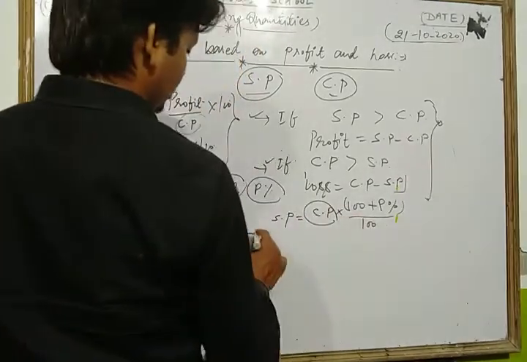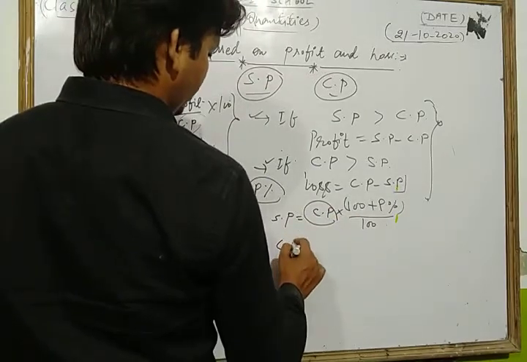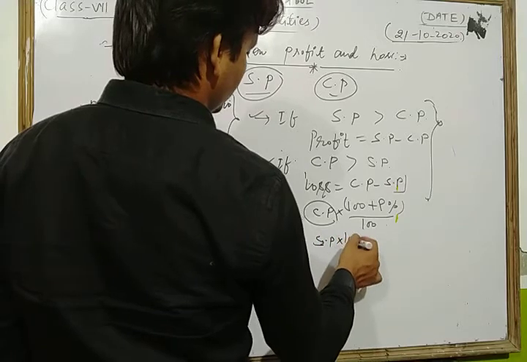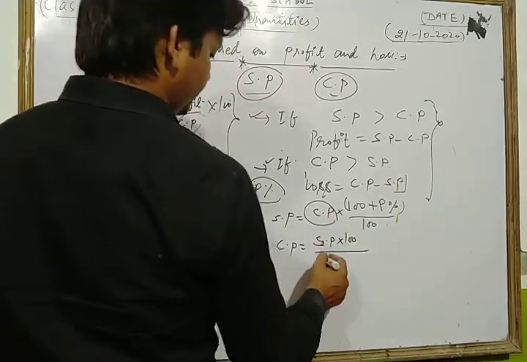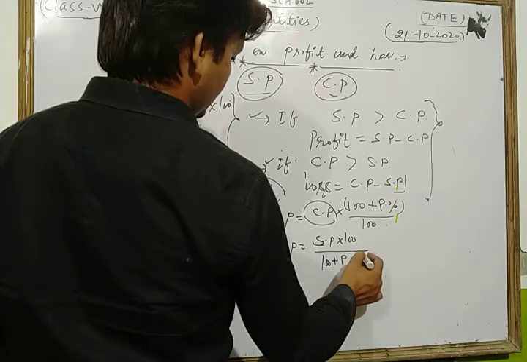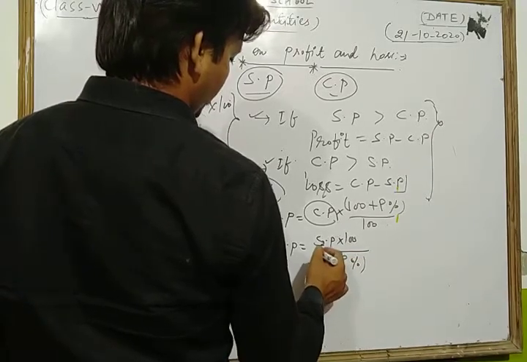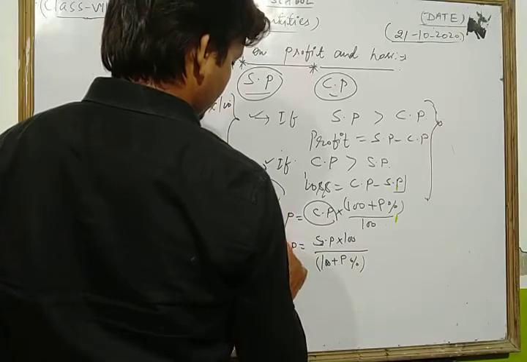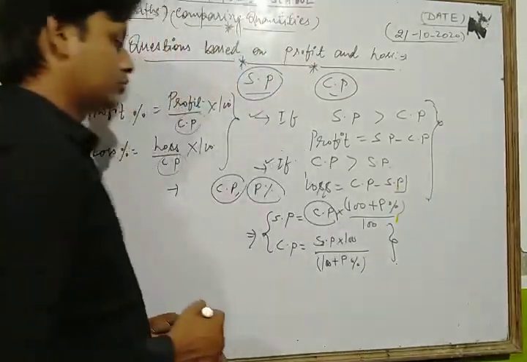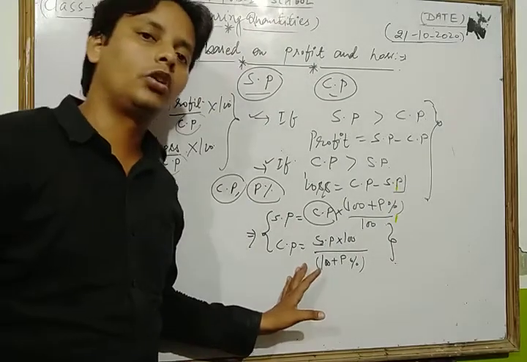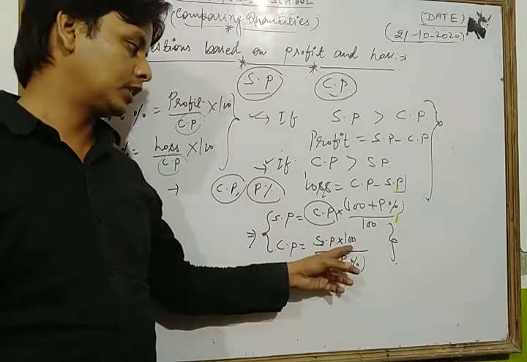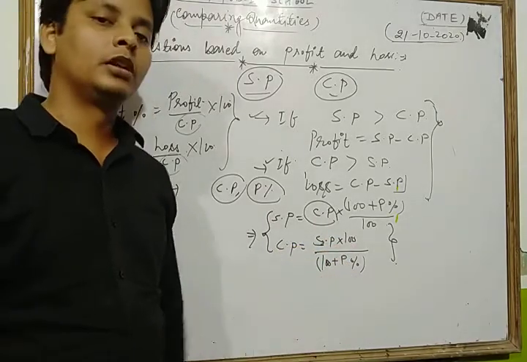If we write the cost price of an object from there, we get selling price into 100 upon 100 plus profit percent. Dear students, this is the formula for the cost price of an object.